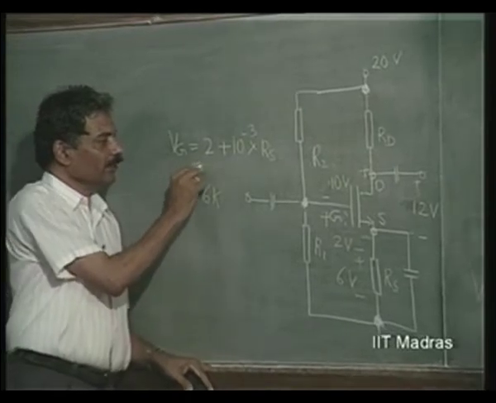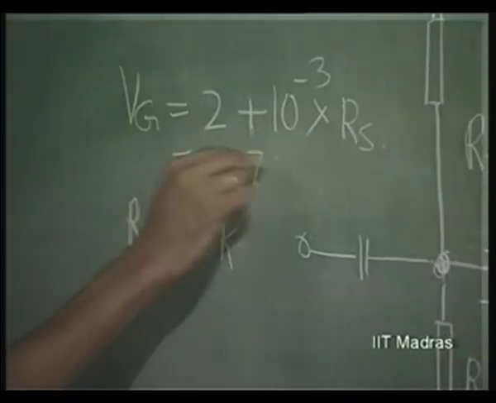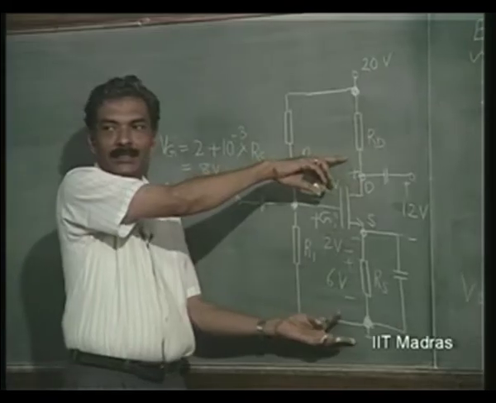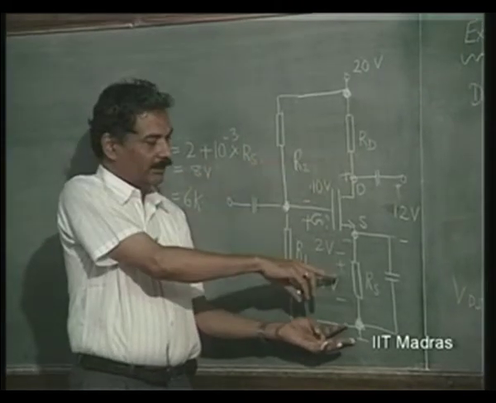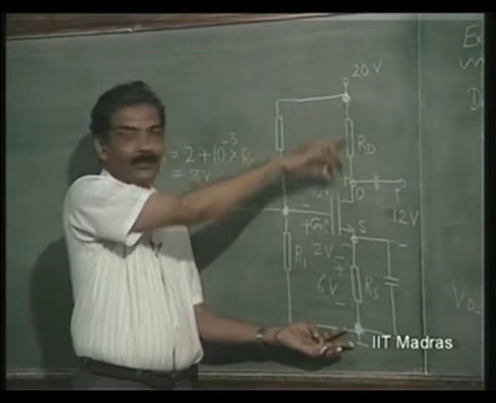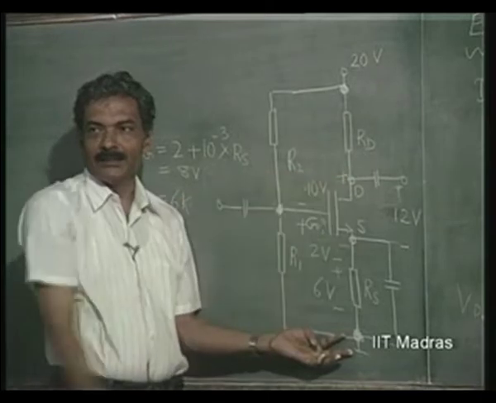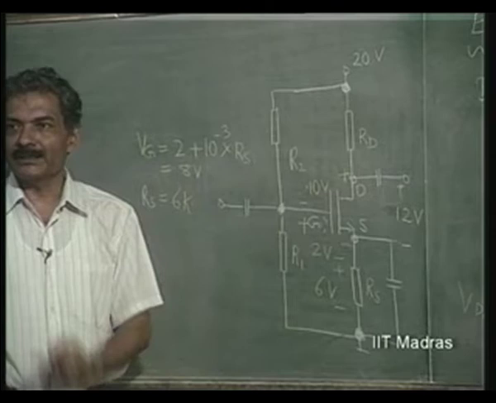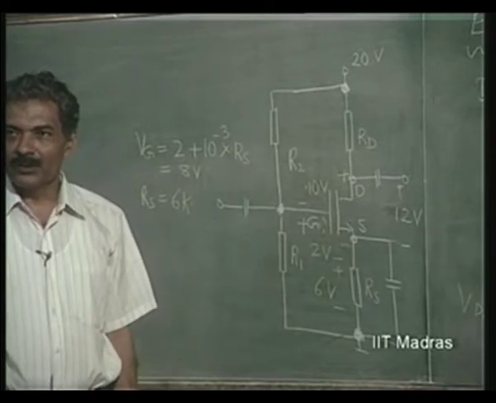So VG is going to be 8 volts. This is already 6 volts plus 2 volts plus 10 volts, that is 18 volts. So what is required for RD is 20 minus 18, 2 volts. So RD is automatically fixed as 2 kilo ohms.